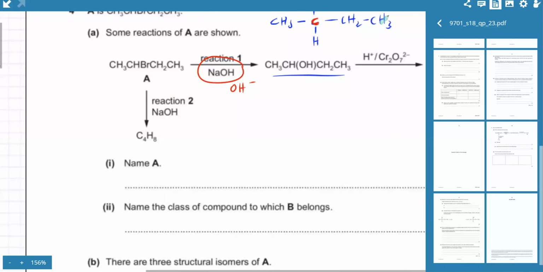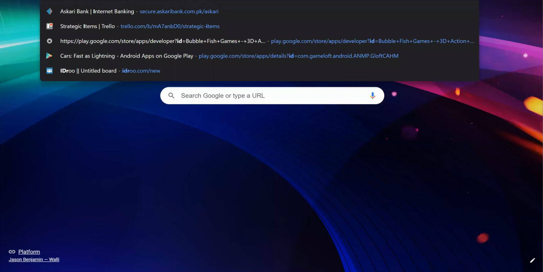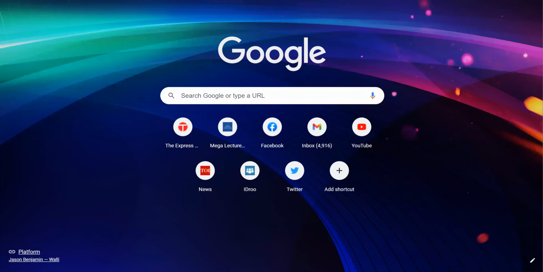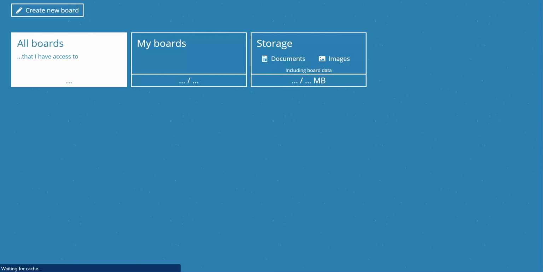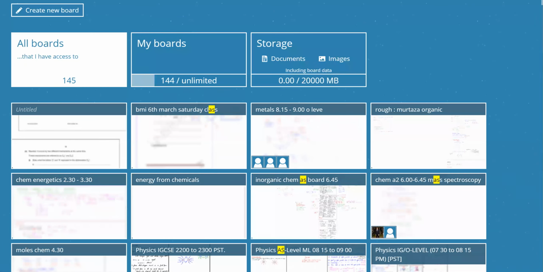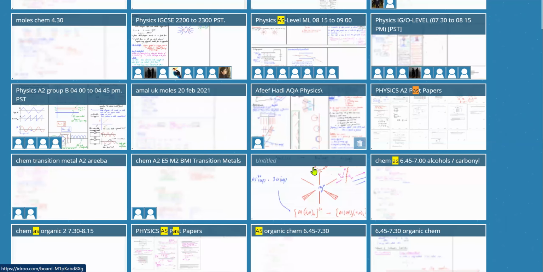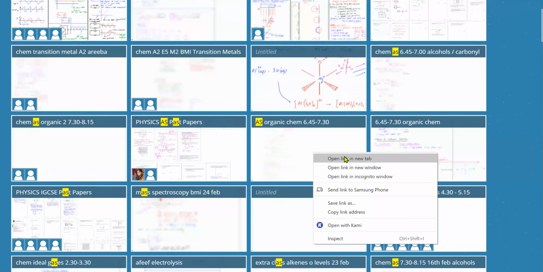And the next one is another reaction of halogenoalkanes, and let me also simultaneously open the halogenoalkane board so we can go through all the reactions. If I can find that, just a second. So it's probably one of these.